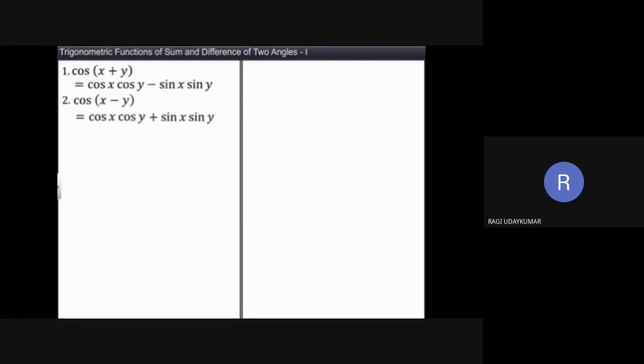So how do you get it? Let us see the proof here. Y should be replaced by minus y. Look at the right side, and you replace the right hand side. So what do you get? Cos x cos of minus y minus sin x sin of minus y.